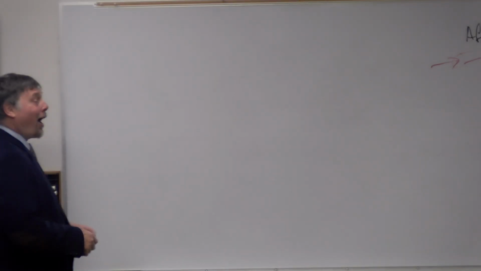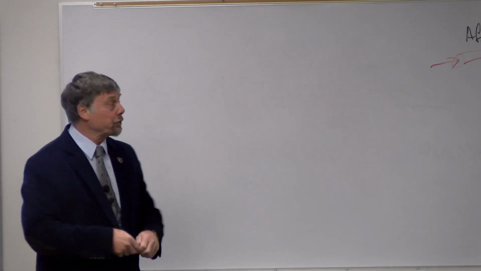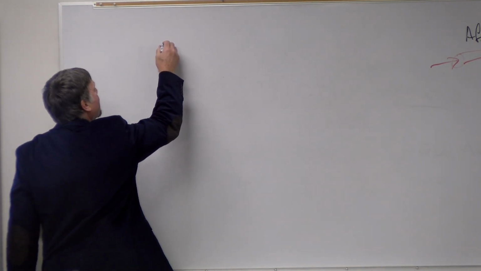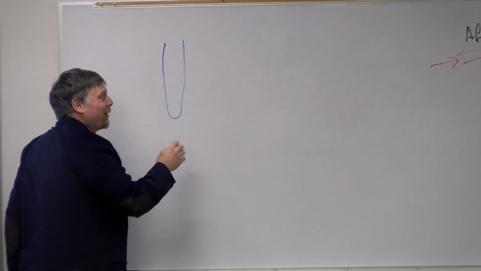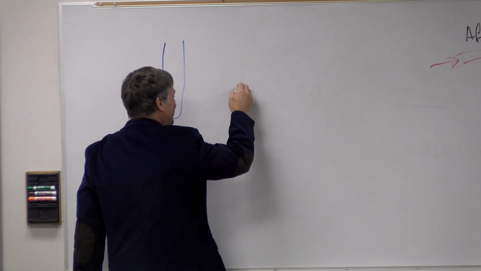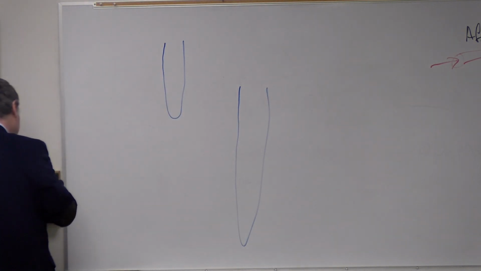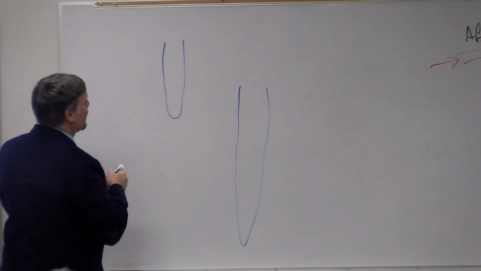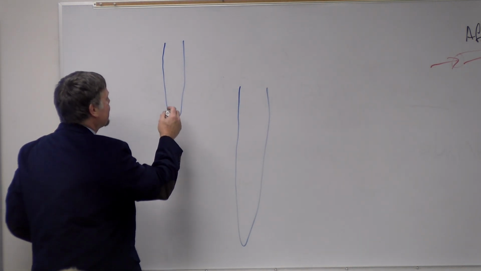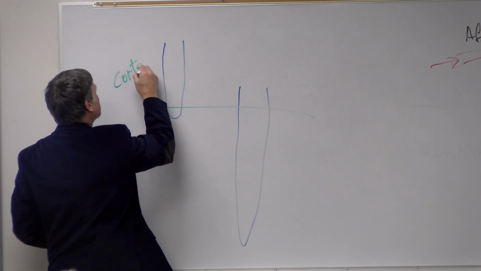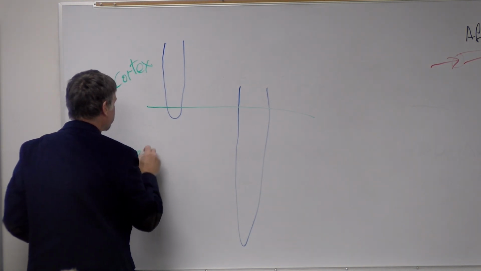So, I'm not going to make a big deal. You see the picture in the handout? You've got short nephrons and you've got long nephrons, okay? So this is cortex and this is medulla.